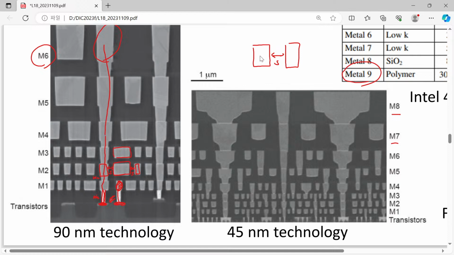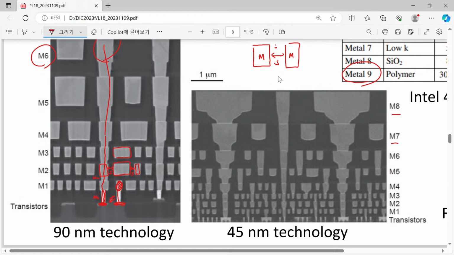Then what will happen? If this is metal and this is metal, then we can treat it as what? Resistor? No, because this is dielectric material. So this is not a resistor, but it can also be considered as a capacitor.